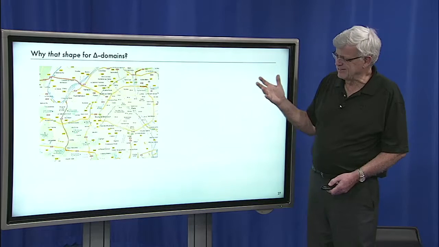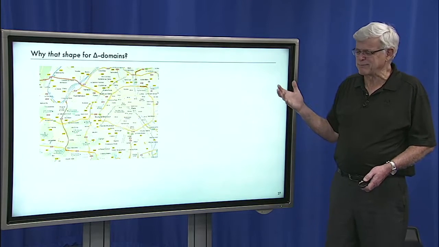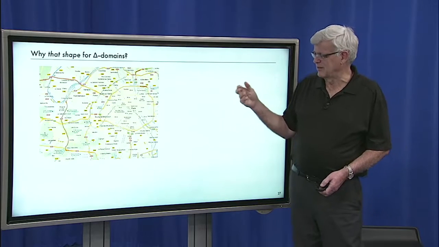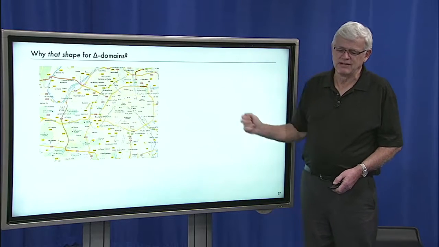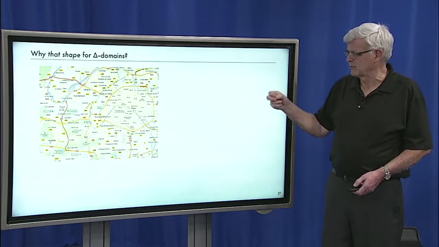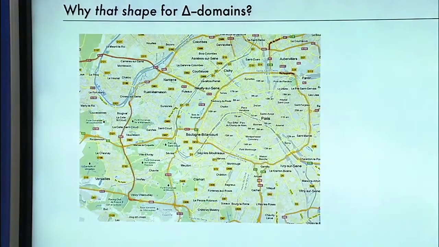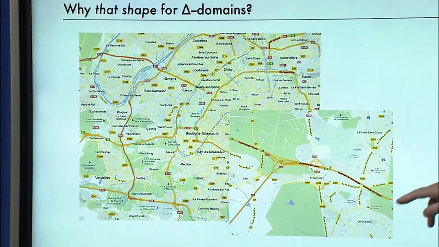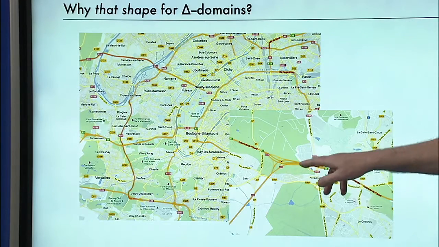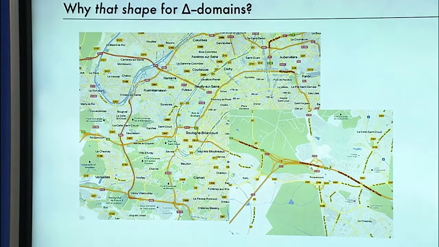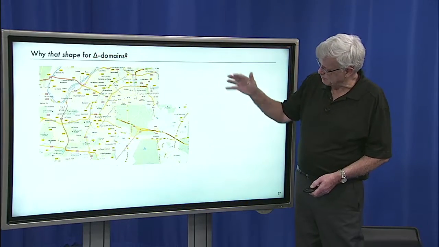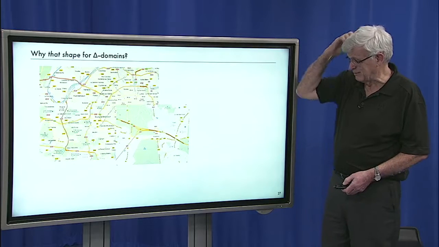Just as a sideline, you might wonder why that particular shape. This is a map of Paris, and Philippe worked at Inria-Rocquencourt, which is in a suburb of Paris. This is a blow-up of the area a bit to the west of Paris. Actually, this is the Palace of Versailles down here, at the other end of the big pool for the Palace of Versailles.